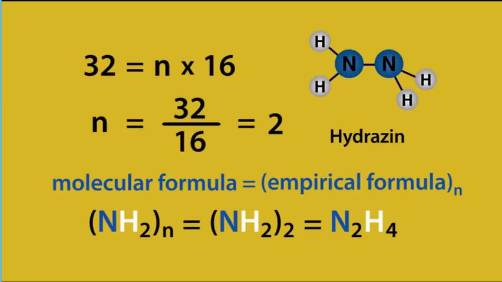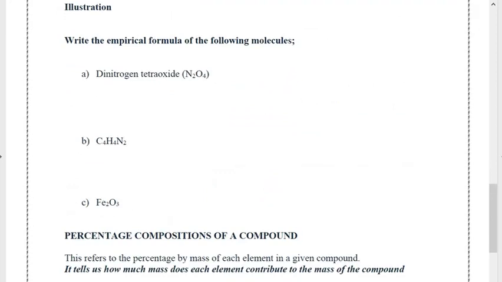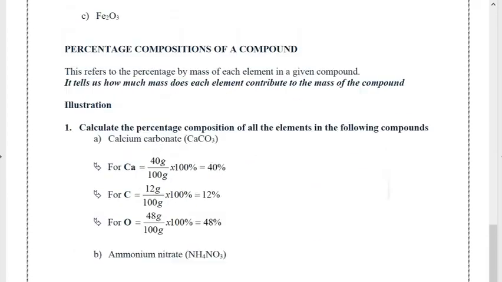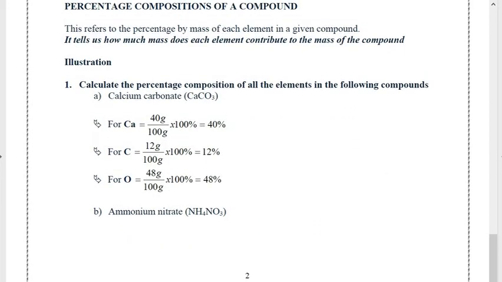I put an example of a calculation where I just asked you to calculate the percentage composition of all the elements. This is a case where you are given a certain mass, when you say calcium carbonate.